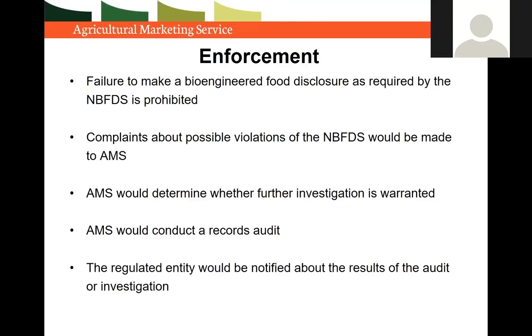Now, as a reminder, failure to make a bioengineered food disclosure as required by the NBFDS is prohibited. Complaints about possible violations of the NBFDS submitted to AMS will be promptly addressed. Once we determine whether an investigation is warranted, we would conduct a records audit.